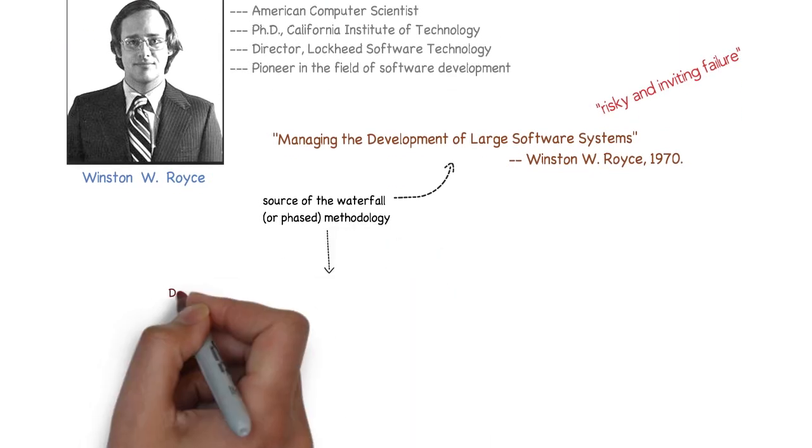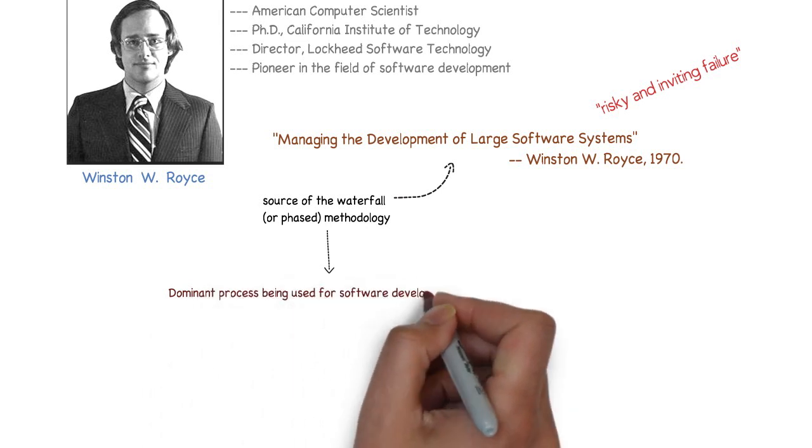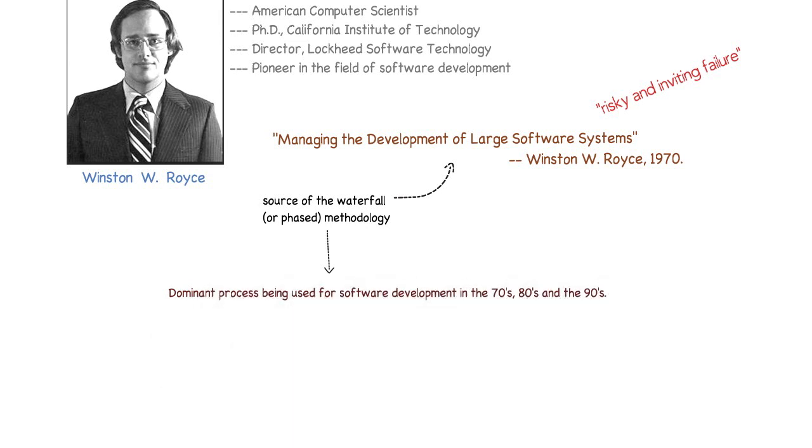Waterfall was the dominant process being used to build software systems all throughout the 70s, 80s, and most of the 90s. This is not to say that this was the only existing software development process during these decades.